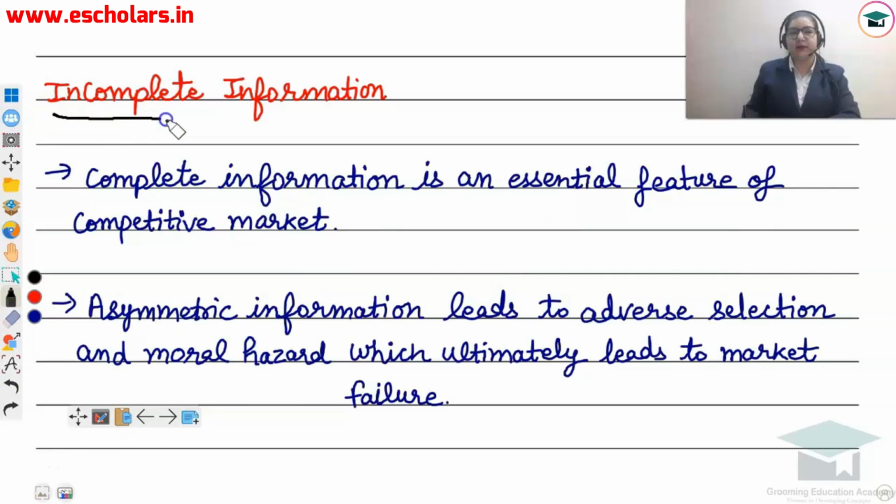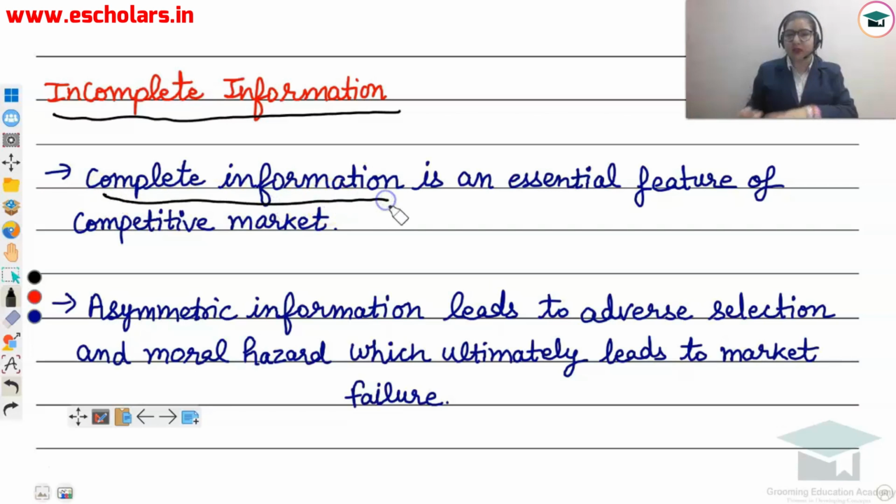Next, we have incomplete information. See students, market failure occurs because of incomplete information also. We know that complete information is an essential feature, or important characteristic, of a perfectly competitive market.